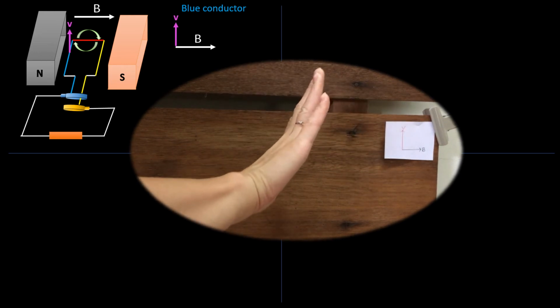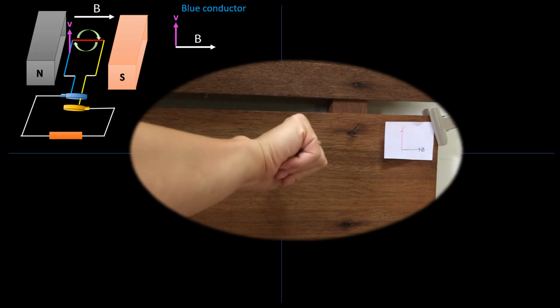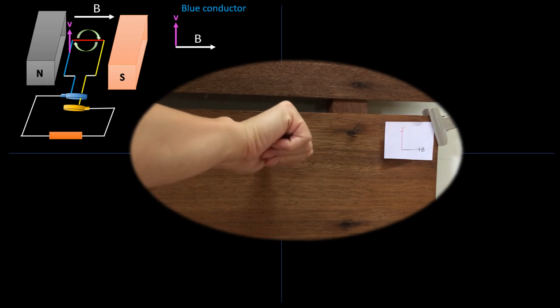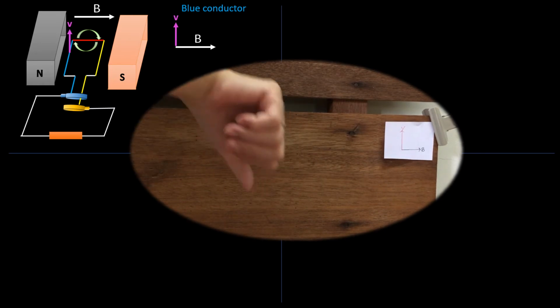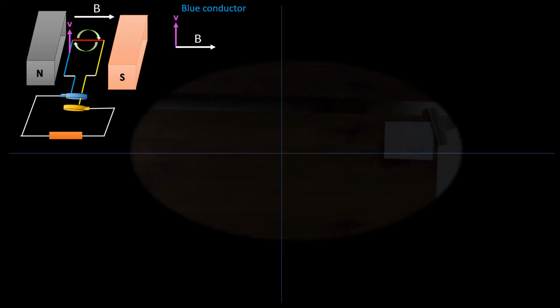V is upwards and B is to the right. So you have your thumb pointed into the page. When your thumb is pointed into the page, it means that your current is moving into the page.